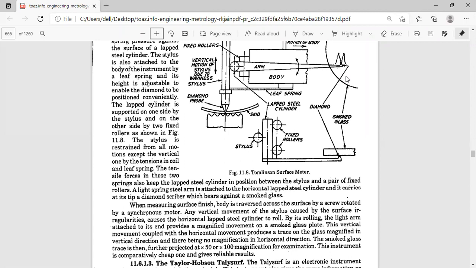Horizontal magnification you can neglect. I might have told you it is half, but you can neglect that. It may be 0, because you are not having the horizontal movements, and that's why no magnification will be there in the horizontal direction.